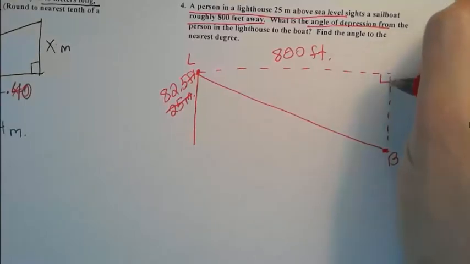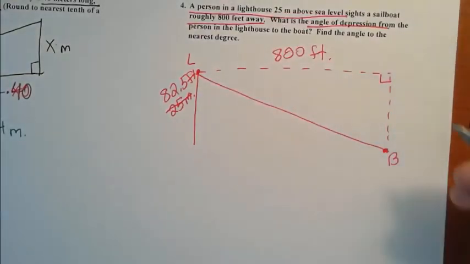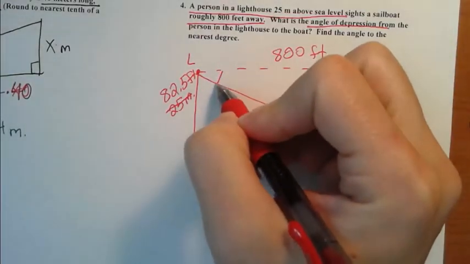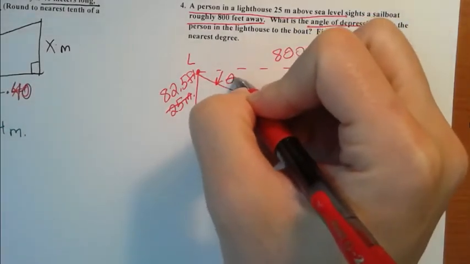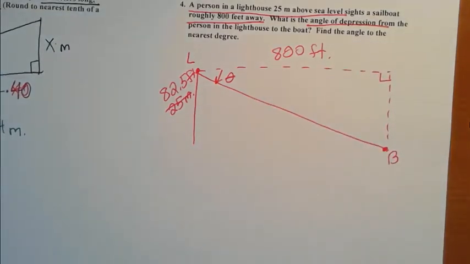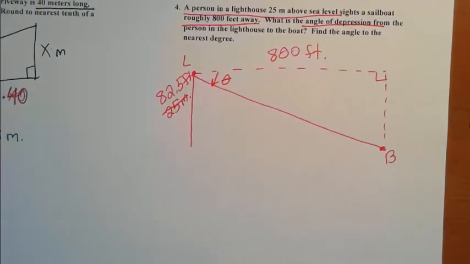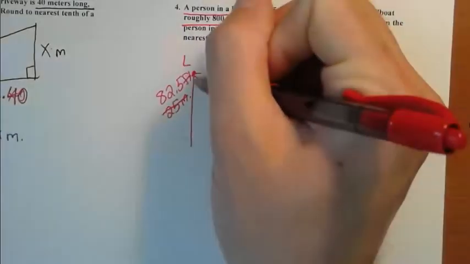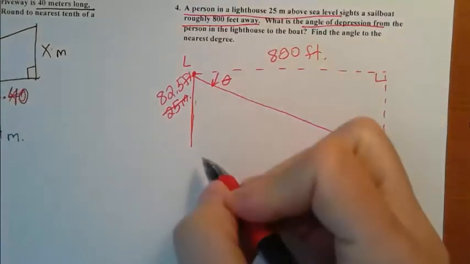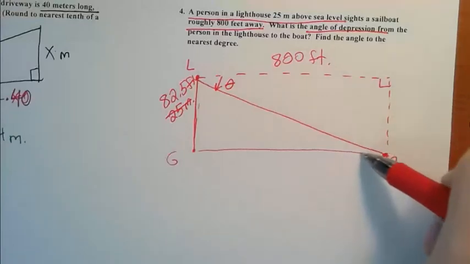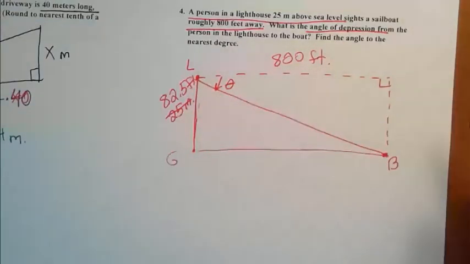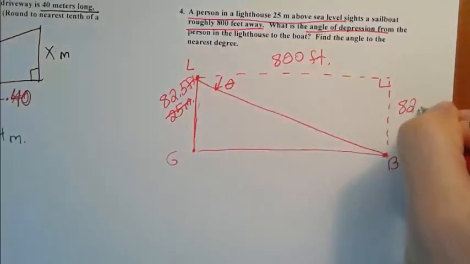So this is 90 degrees, since that's kind of straight out and then straight down. And what we're really looking for is that angle right there. So that's going to be our unknown theta right there. So our goal here is to find what that angle of elevation is. And if we know that this distance on the left-hand side from what we call point G, or the ground, is 82.5, that means that across the way, this also has to be 82.5 feet.